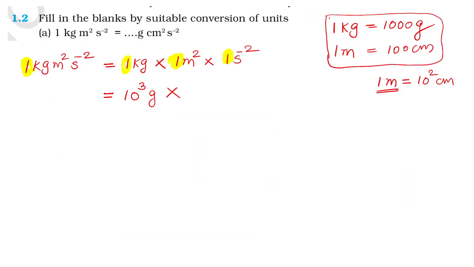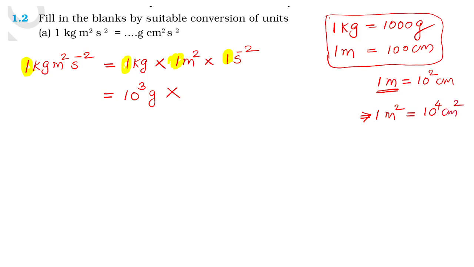If you square the left side, you have to square the right side. 10 square all square will be 10 raised to 4 centimeter square.